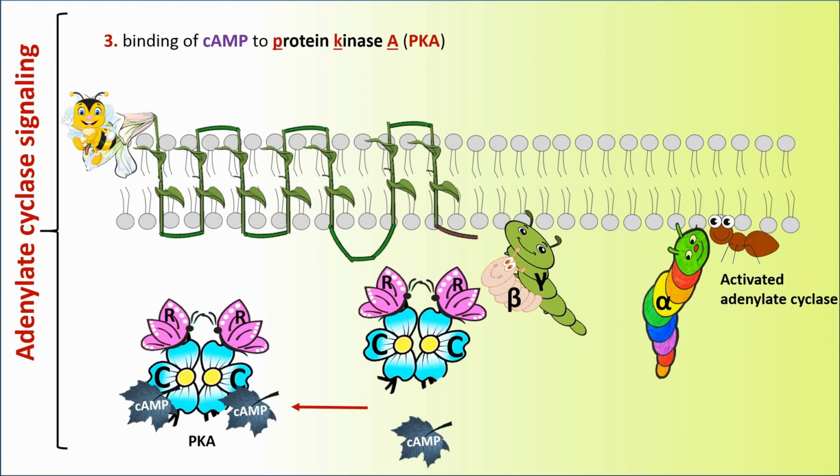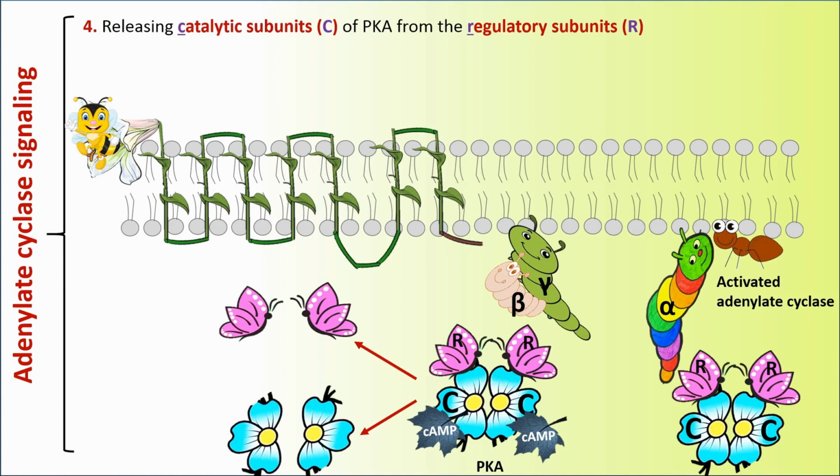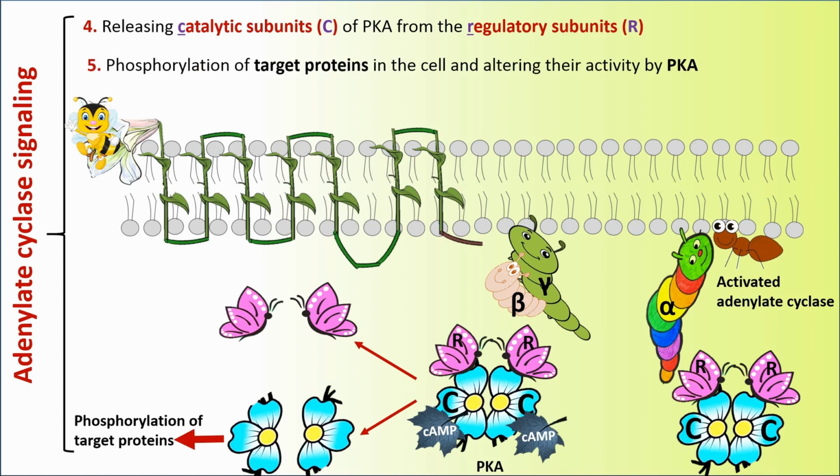Step 3, binding of cAMP to protein kinase A or PKA. Step 4, releasing catalytic subunits or C of PKA from the regulatory subunits or R. Step 5, phosphorylation of target proteins in the cell and altering their activity by PKA.